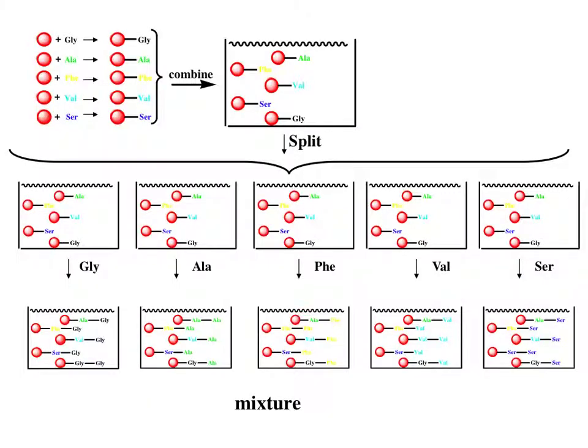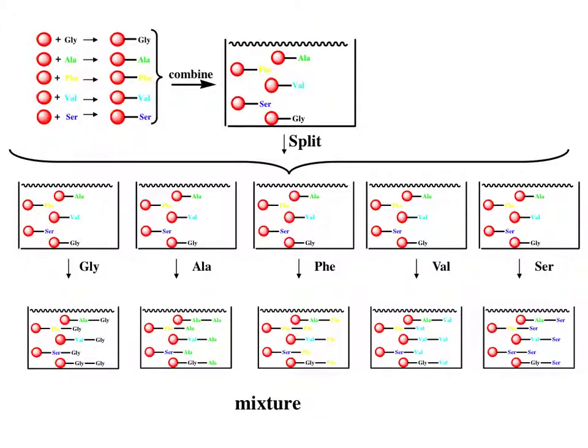So this shows what a split and mix synthesis is. Here are your beads, and then you attach your amino acids to the beads, and you get a solution of these 5 different amino acids being attached to the bead in a single solution. So now you've already combined them.